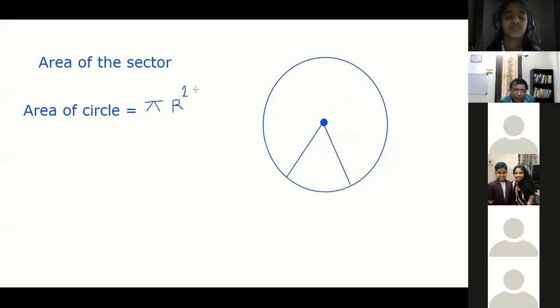Similarly, full circle is pi r square. So if you want to get the area of sector, it is simple. How much is this angle? Suppose this angle is say 60 degree. So 60 degree is what part of 360? 360 is the full part, right?